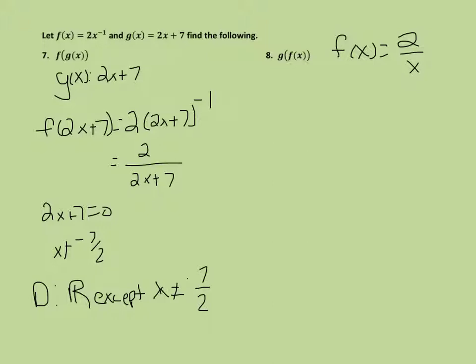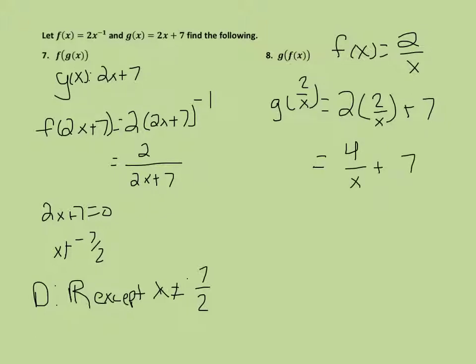So now I get g of 2 over x equals 2 times 2 over x plus 7, which is 4 over x plus 7. That's what g of f of x equaled. So find the domain. Well, the only thing we've got to worry about is that denominator. So we know x, so all real numbers except x cannot equal 0. Okay?